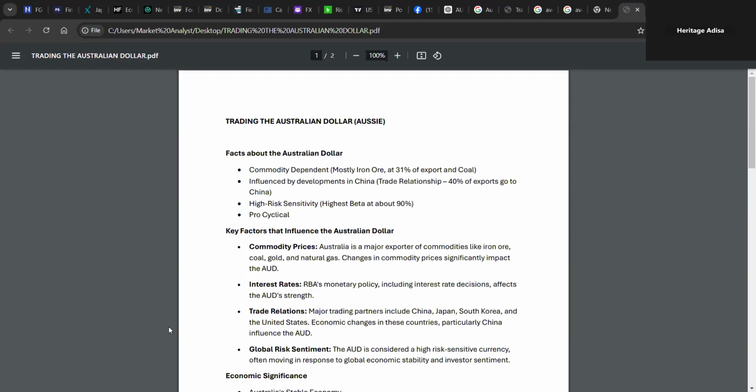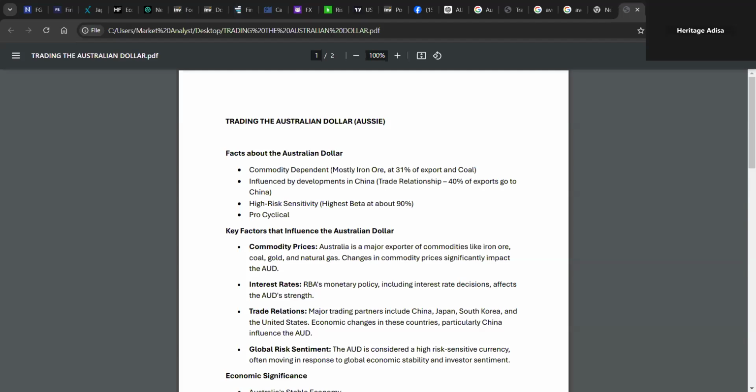Now, because of Australia's interest rate differential compared to something like Japan or the Swiss franc, right? Ideally, you would expect the Australian dollar over time to appreciate in value because of higher demand for the currency to benefit from the higher interest environment compared to something like Japan or Switzerland. And it has been a major candidate for what we call a carry trade.